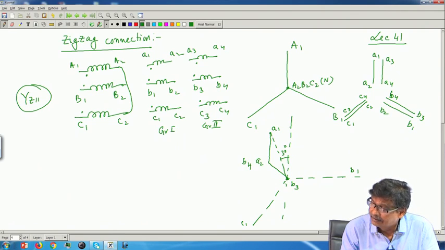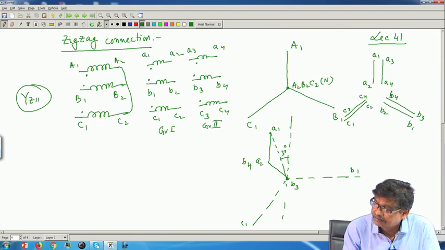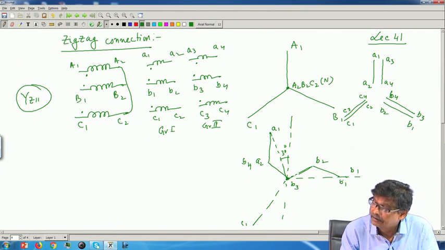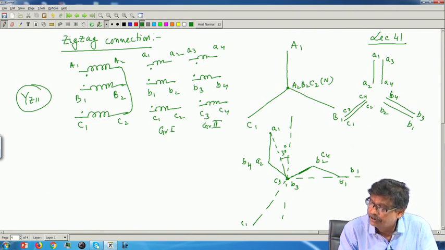Similarly, this B1 phasor is this B1, B2. I will quickly draw, and this must come from C3, C4, and I know B2, C4 is to be shorted, and this fellow will come from this.